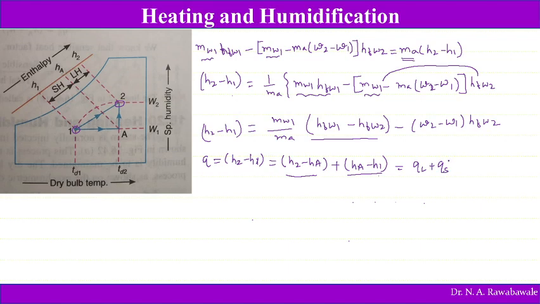From this we can write the sensible heat factor. The sensible heat factor SHF is equal to sensible heat divided by total heat.